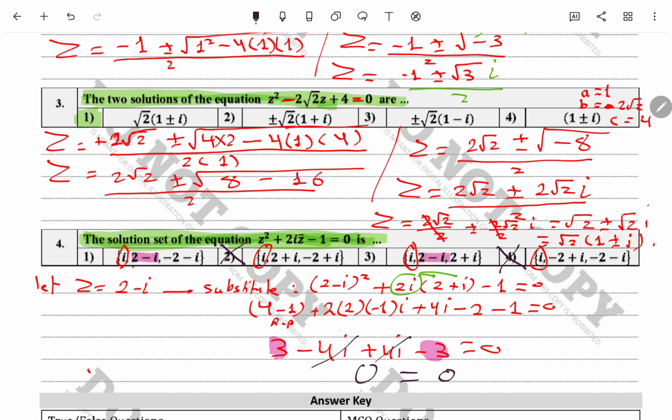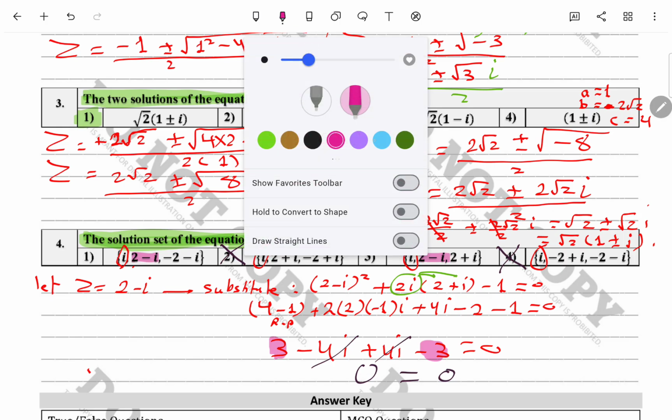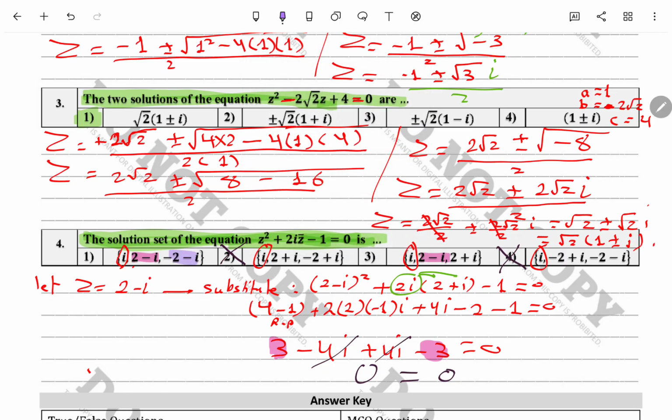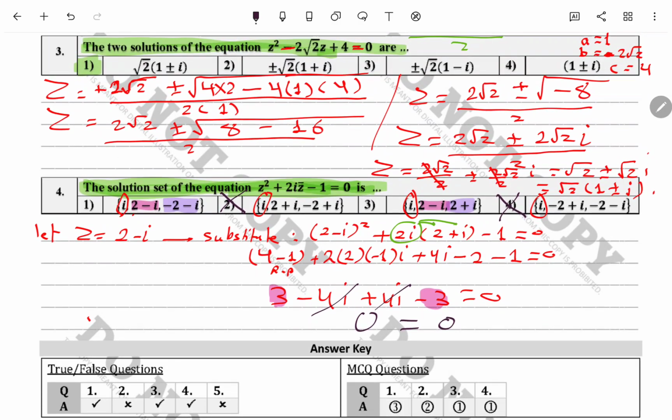I need to focus on the third root now, which is negative 2i or positive 2i, like this exactly. Maybe this one or this one. So if you replace one of them and you get a right solution, you can choose it. Let me check this one.